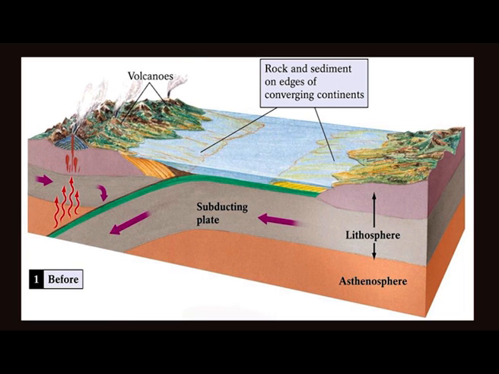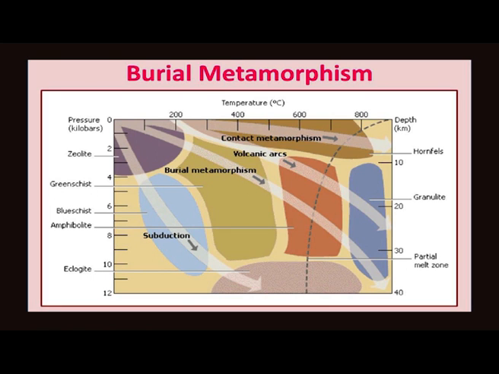When sedimentary rocks are buried to a depth of several hundred meters, temperatures greater than 300 degrees centigrade may develop. In the absence of differential stress, new minerals grow, but the rock does not appear to be metamorphosed. The main minerals produced are the zeolites.